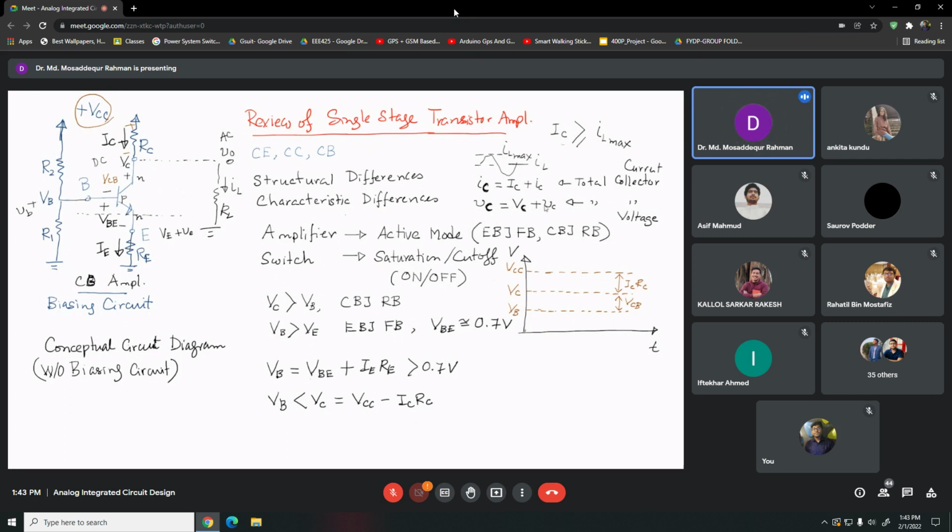Now we have the signal voltage vc. How will it fit in here? The AC collector voltage will be superimposed on this DC collector voltage. If you superimpose this AC voltage on the DC collector voltage, the total voltage will look like this. Let's change the color.